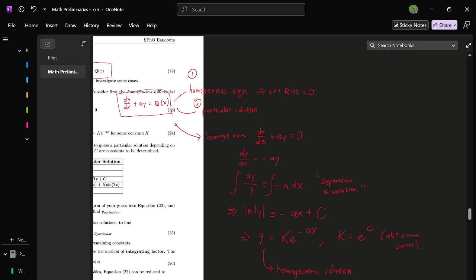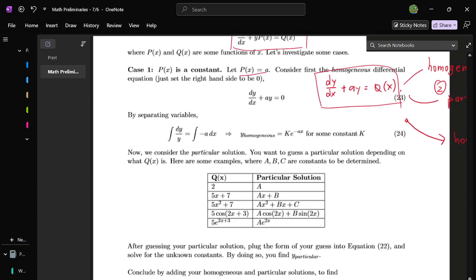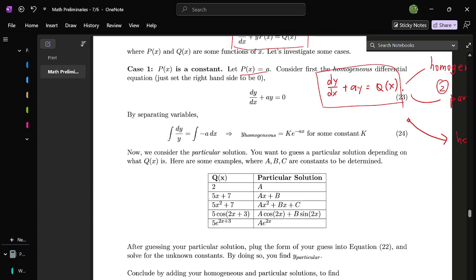So what happens to the qx term in this case? So this is where your particular solution comes in. So for a particular solution, it really just reduces down to a guessing game. You always want to guess a particular solution based on what qx is. So here are some examples of what you want to guess.